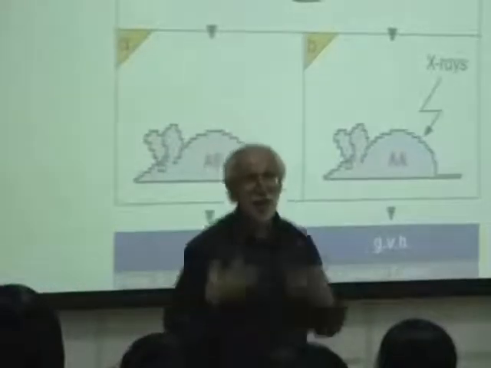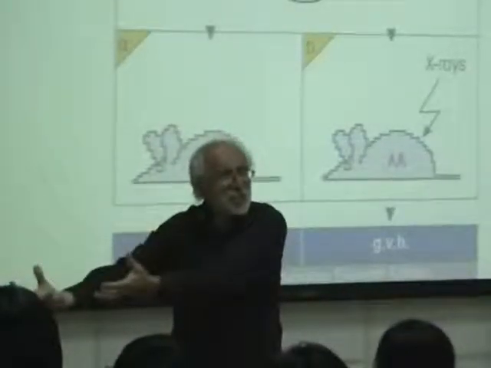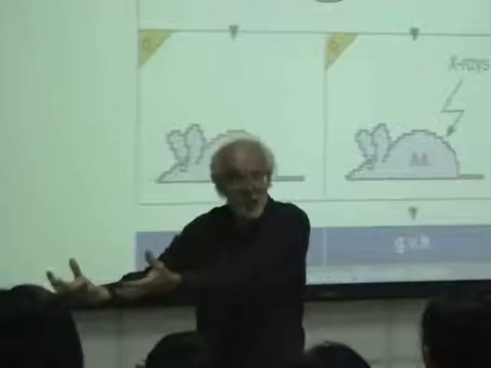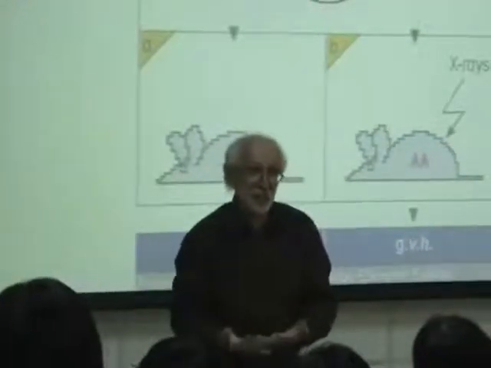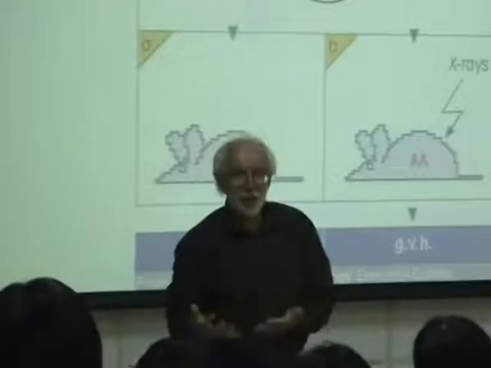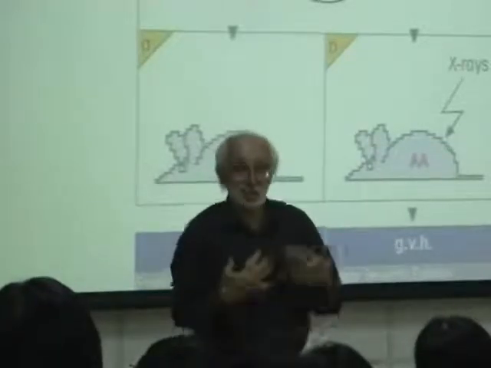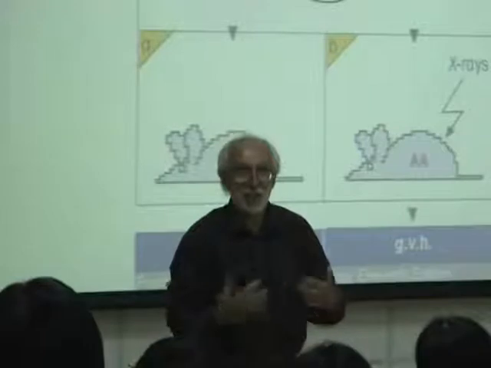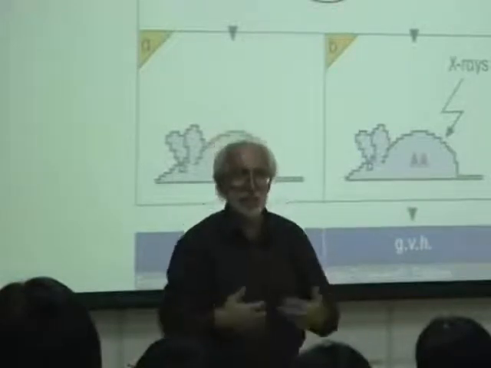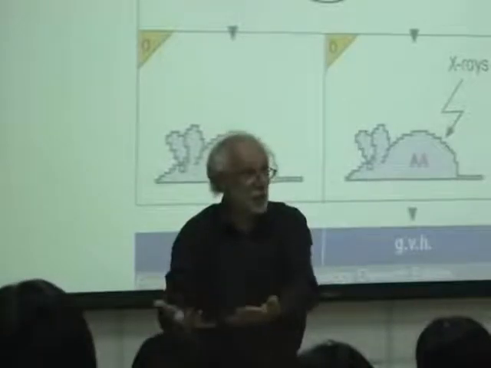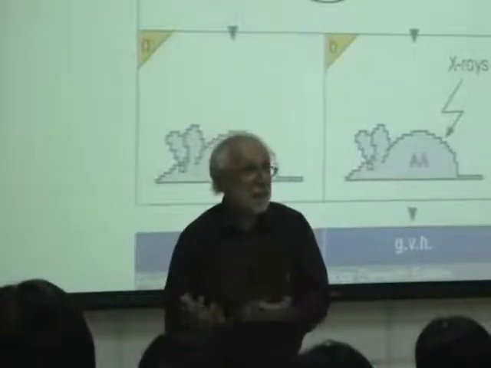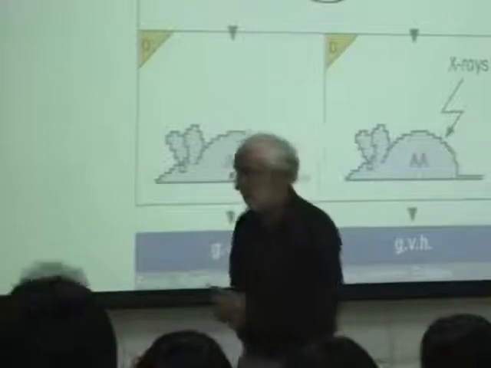In a bone marrow, you're transplanting just immune system cells, because the bone marrow is where you make your immune system cells. So then you're transferring a lot of cells, and you have to immunosuppress the recipient to stop them rejecting the graft, but you're giving them lots of immune system cells, and the graft can then actually very often reject the recipient. It's called graft versus host disease. It's a major, major problem in bone marrow transplantation.